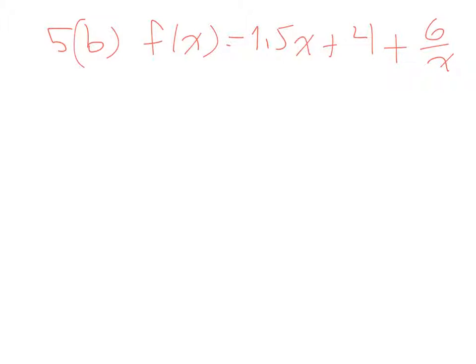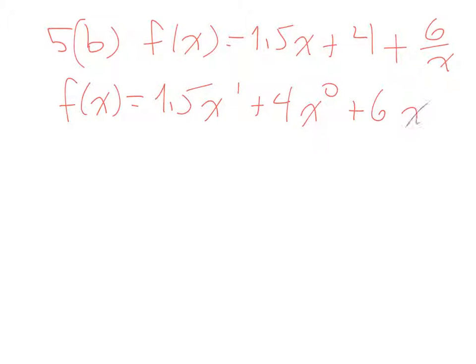So rewrite the function using those exponents, and you get 1.5x to the first power, 4 times x to the 0 power if you want, and then 6 times x to the -1 power. Okay, now we're going to exercise the power rule to find the derivative.